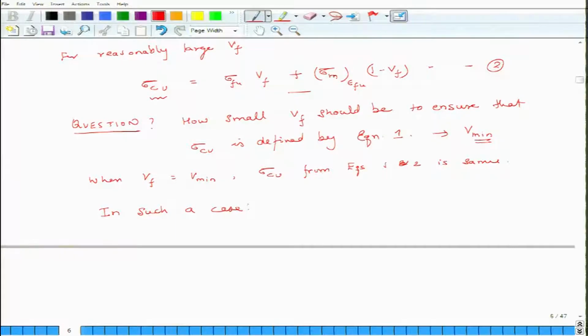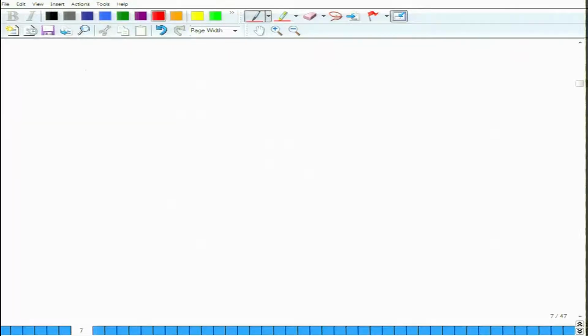What is the value of sigma Cu from the first equation? It is sigma mu times 1 minus the volume fraction of fiber, which in this case is V min. This equals sigma Fu times V min plus sigma m at epsilon Fu times 1 minus V min.